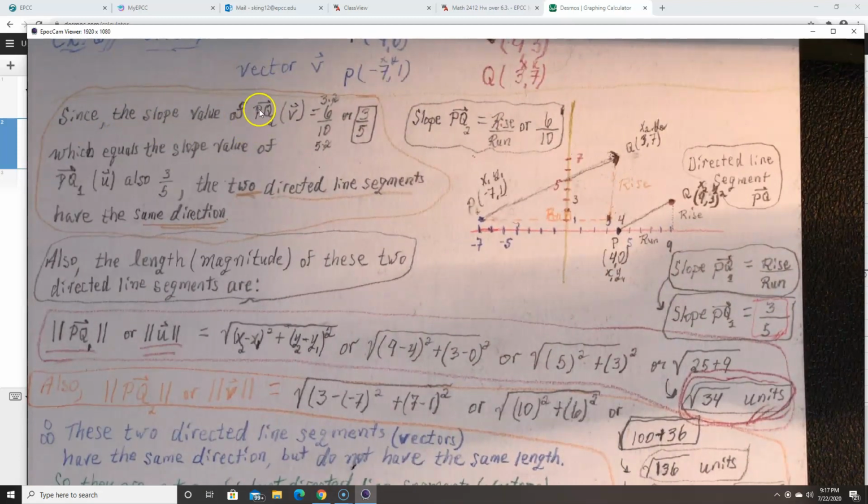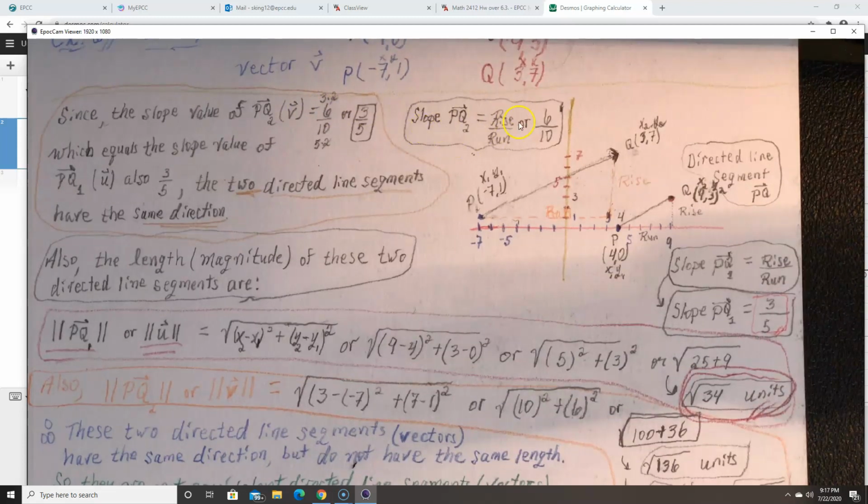The slope of directed line segment PQ sub 2, or vector V, either way, is rise over run, which is 6 over 10. But 6 over 10 does reduce to 3/5. 3 times 2, 5 times 2, the 2's divide out. You're left with 3 over 5.